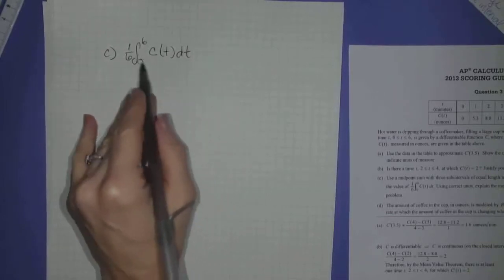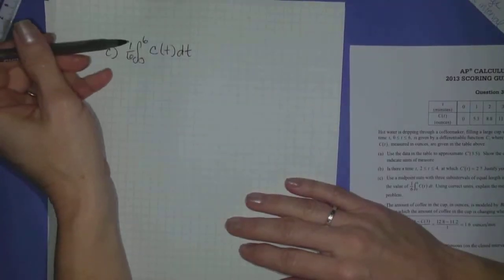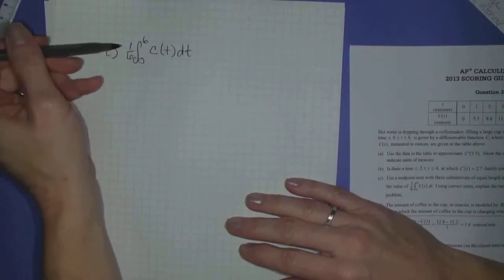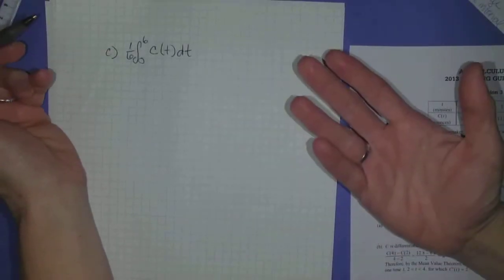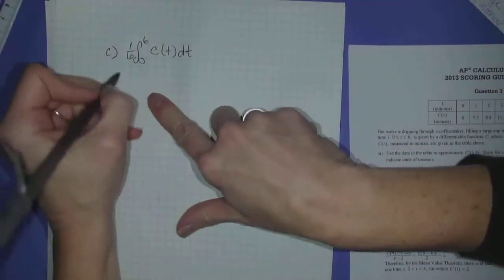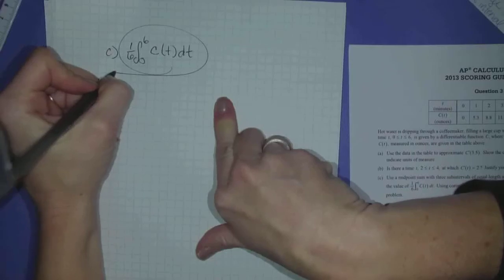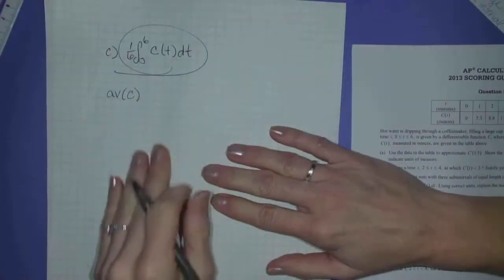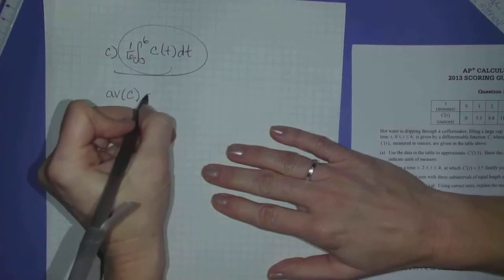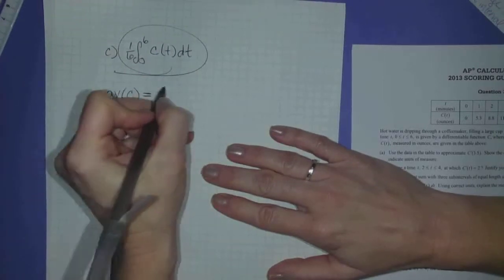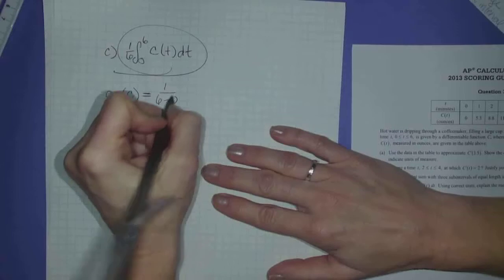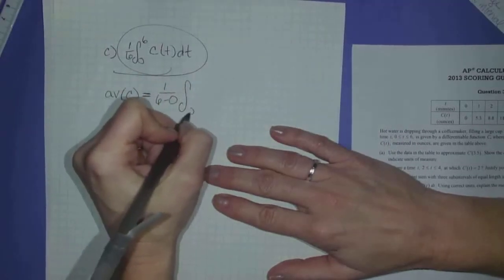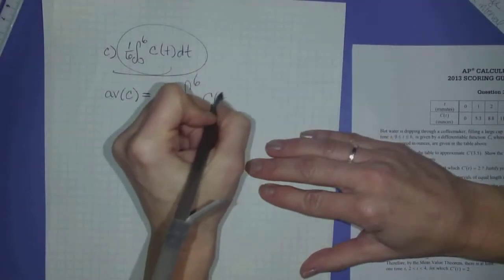Well, I can tell you right now, as soon as I see this definite integral with the 1/6 in front, I'm thinking average value. Right away, I'm thinking this is finding the average value of C from 0 to 6, because the average value formula takes 1 over b minus a, definite integral a to b of C of t dt.